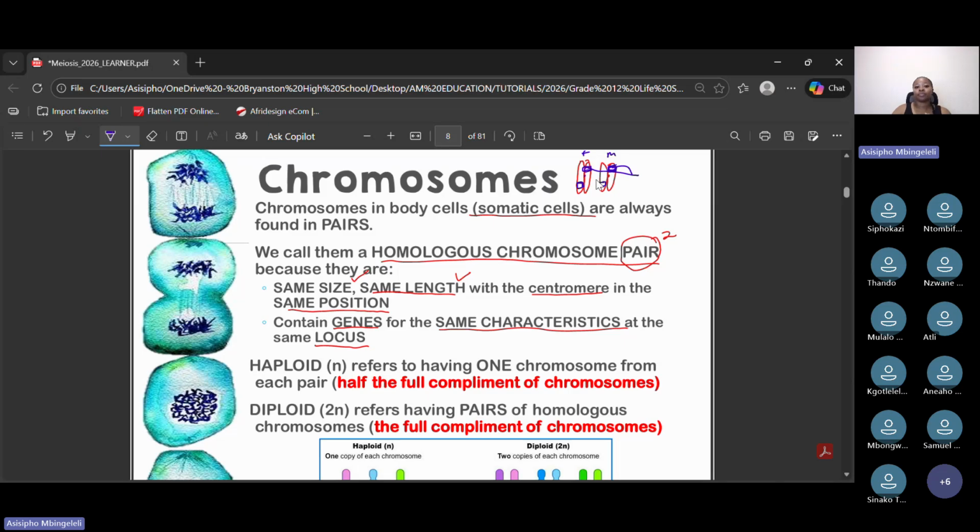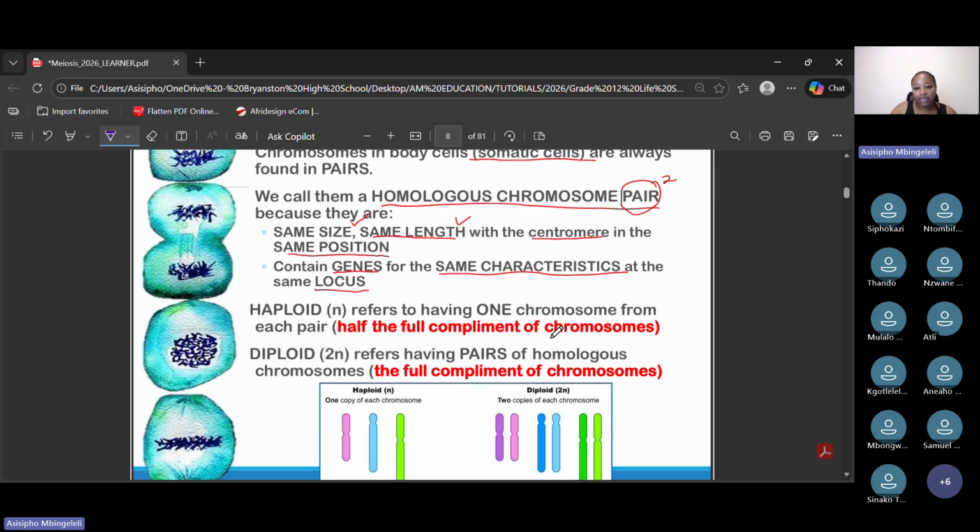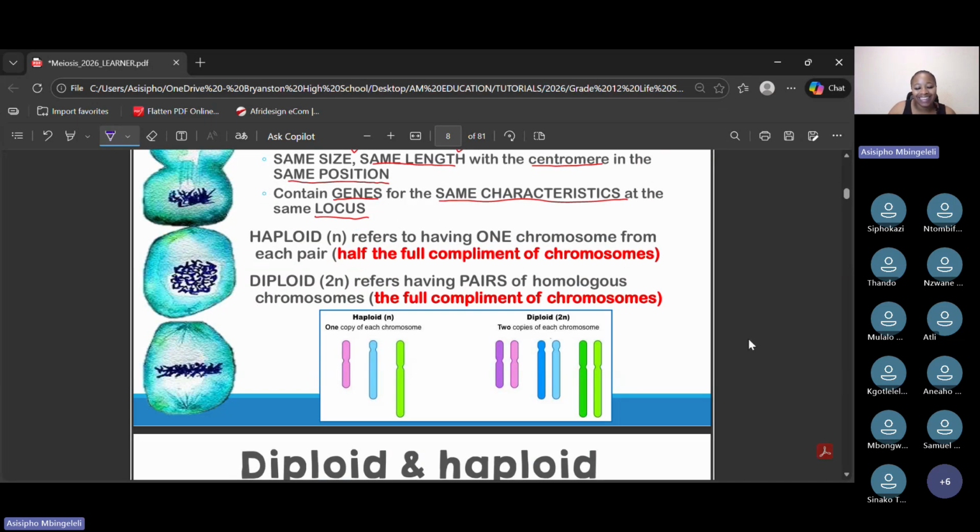Then there's another terminology, haploid and diploid. Haploid, think half. Diploid, think double. But you're not multiplying anything here. Haploid refers to 1 chromosome from each pair.